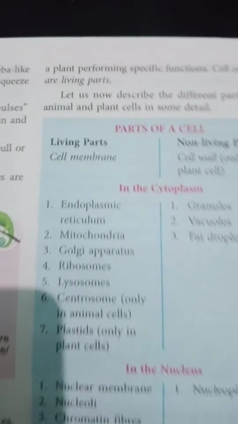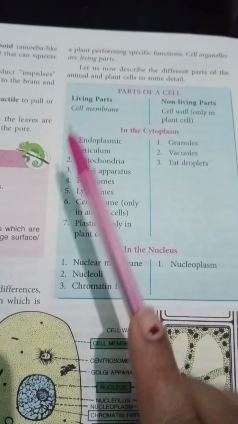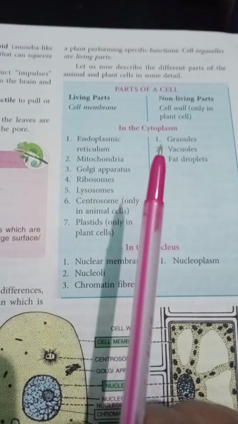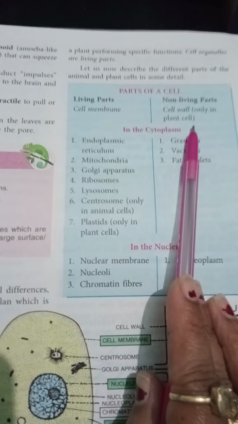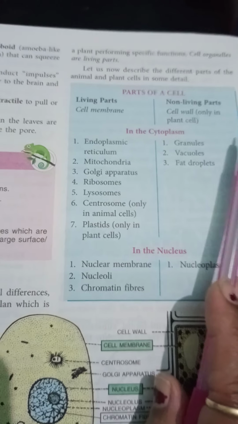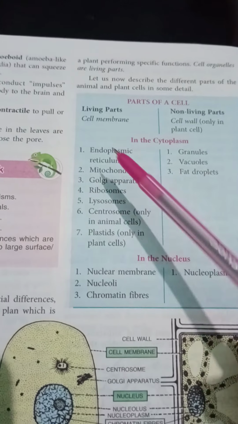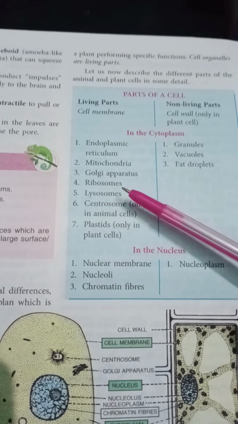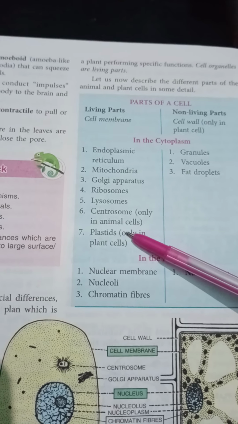Now, various parts of a cell, living parts and the non-living parts. Living part is the cell membrane. Remember, children, cell membrane is the living part of the cell, and non-living part is the cell wall, which is found only in the plant cell. So, in the cytoplasm, ER is there, mitochondria, Golgi apparatus, ribosomes, lysosomes, centrosomes, plastids.